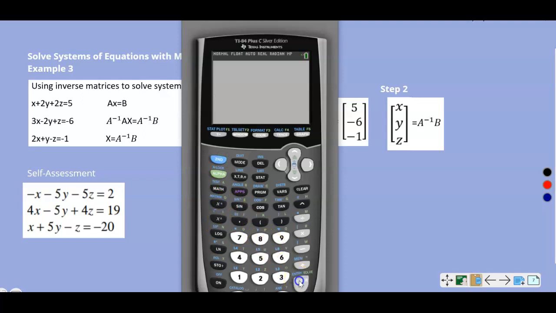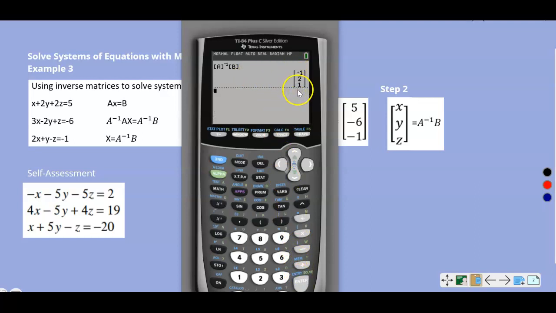And then I'm going to do matrix. This time I'm going to choose A, inverse, matrix B. Remember, you've already got the matrix information in there.